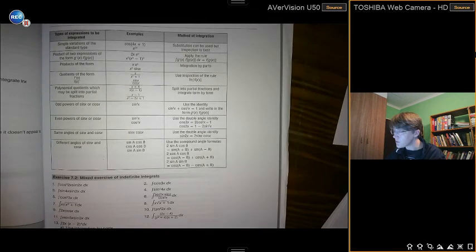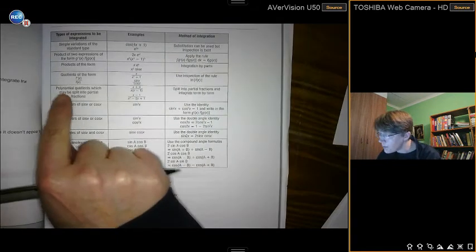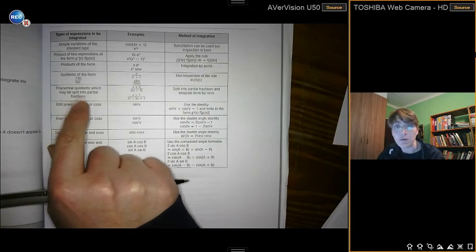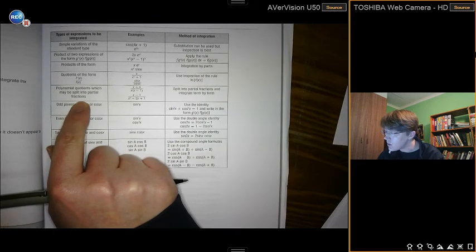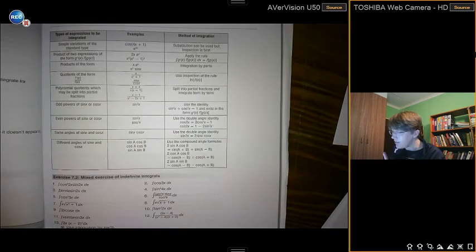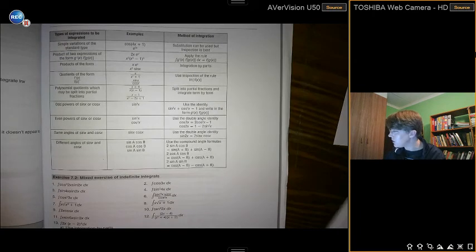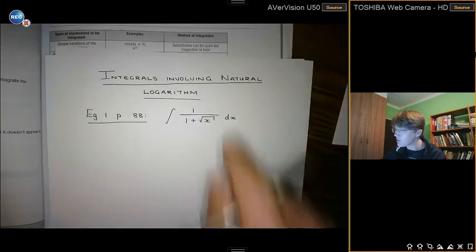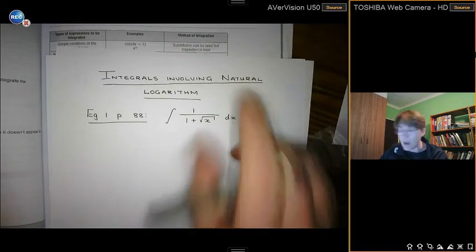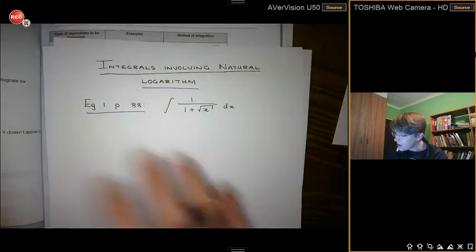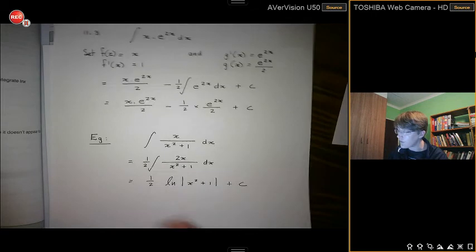Right, the next one is then polynomial quotients which may be split into partial fractions. Now, before we do these ones, I did forget to do one example in the previous video on integrals involving natural logarithms. And I thought, let me just put it in here since we've just done one of these ones.